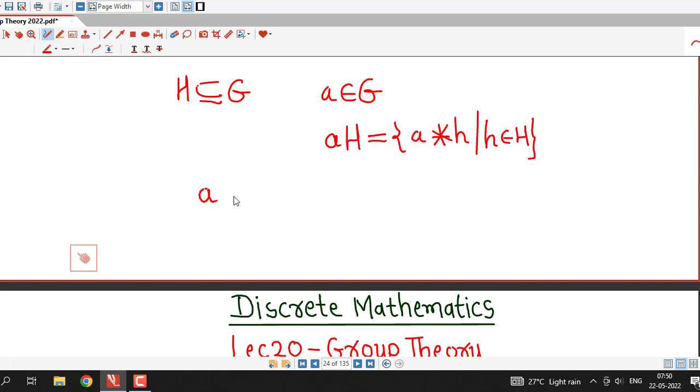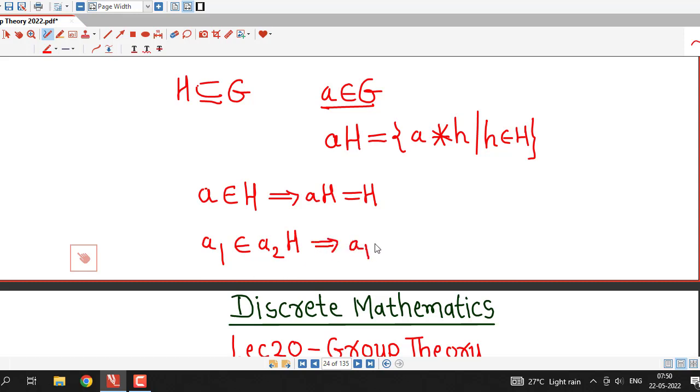And we have seen certain properties also: suppose this element a is present in the subgroup also, then the left coset corresponding to this element will be the subgroup itself. And we have seen another property also. Suppose a1 is a member of the left coset a2H, then the left cosets corresponding to a1 and a2 are always equal. Also, the number of elements in any left coset will be equal to the number of elements in the subgroup.